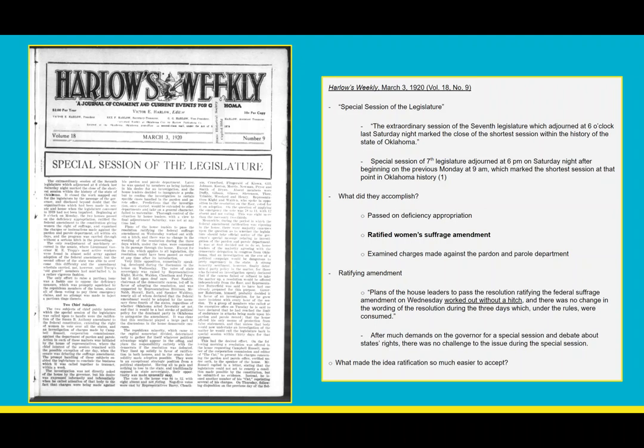Like, I was able to see in the previous issues of Harlow's Weekly that there's all of this debate about getting to the special session. And it wasn't just Harlow's Weekly. There were issues of the Daily Oklahoman. There were letters to the governor. There were multiple telegrams back and forth to Washington, D.C., and all of these things about special sessions and why there would or wouldn't be, and all of these issues and debates about states' rights versus the right for women to vote on a national scale.